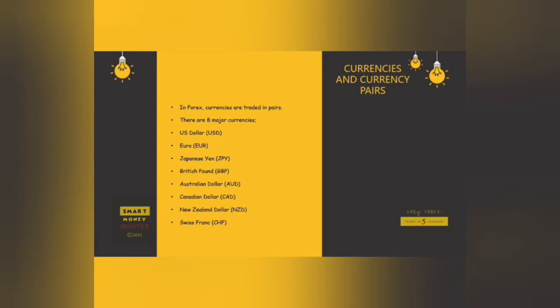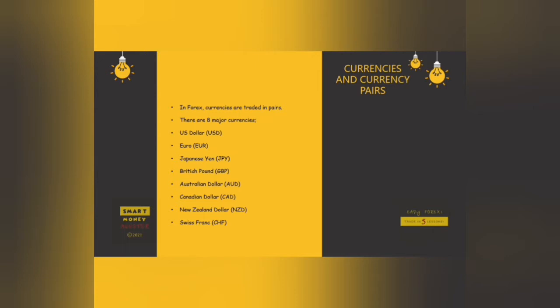Now, there are eight major currencies, right? The US dollar, the euro, the Japanese yen, the British pound, Australian dollar, Canadian dollar, New Zealand dollar, and Swiss franc, right? Now, just for sake of ease, you want to give these things short names so you don't have to be saying New Zealand dollar, Canadian dollar.